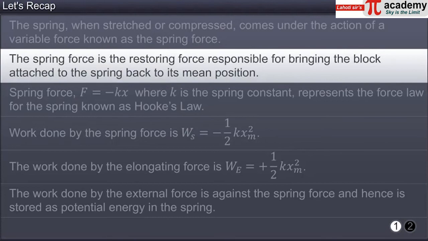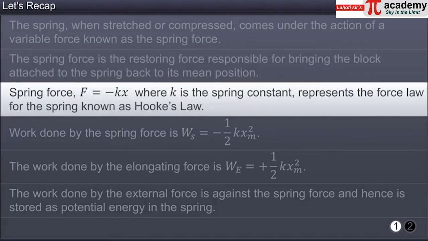The spring force is the restoring force responsible for bringing the block attached to the spring back to its mean position. Spring force F equal to minus kx, where k is the spring constant, represents the force law for the spring known as Hooke's law.